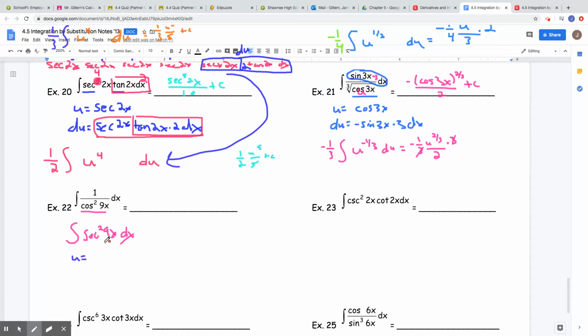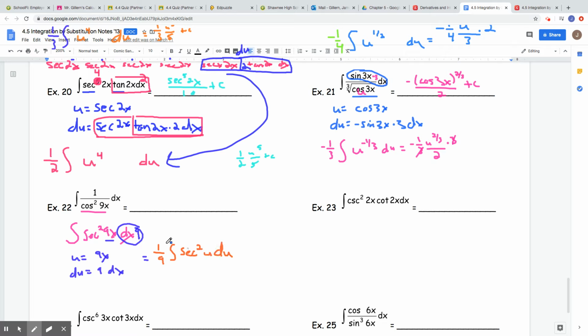You make it whatever comes after the trig function, 9x, which means my derivative is 9. Put the dx after it. So I have to add the 9 in there, which means I'm going to get 1/9 the integral of secant squared u du.